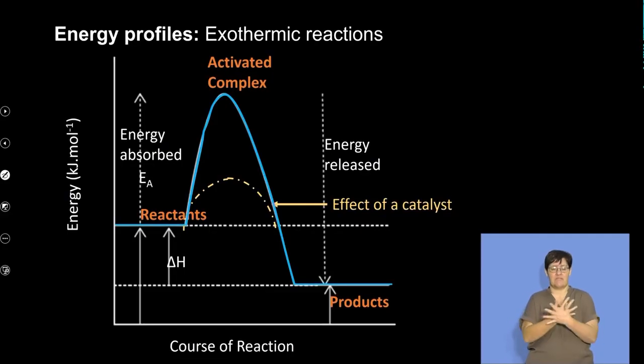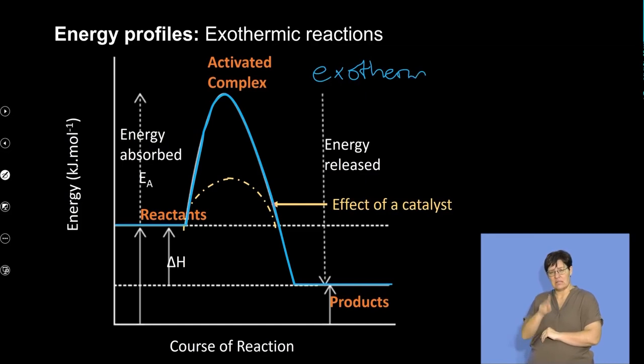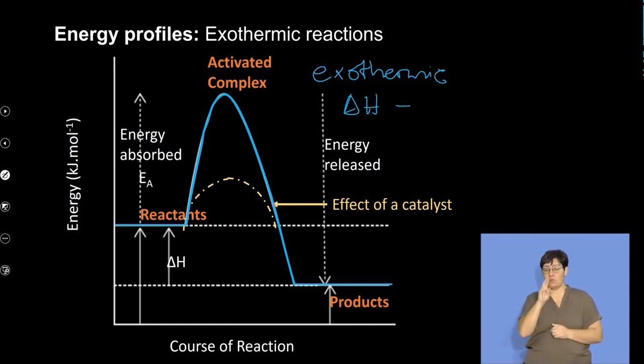In front of us here, we have an exothermic reaction, and for this exothermic reaction, we can see that our delta H is negative. So what I want us to see is, under normal circumstances, we would have needed that activation energy for this reaction to take place. But when we have a positive catalyst, we now lower the energy to a point where we only need that amount.